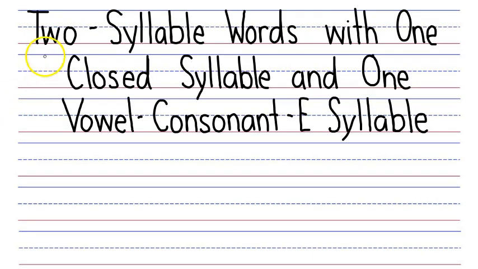Next, let's write some two-syllable words with one closed syllable and one vowel consonant E syllable. Your first word is invite. First syllable is in. It's a closed syllable with a short I that says I and an N that says n. Your second syllable is vite. That's a VCE syllable.